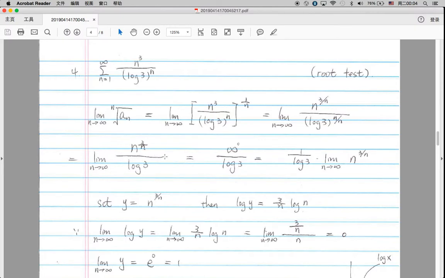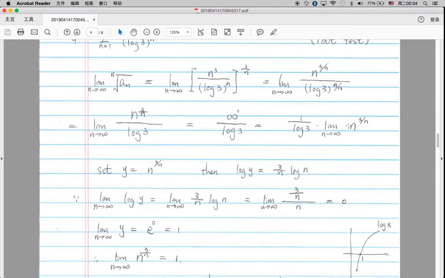If we rewrite this expression, we bring the constant outside the limit, so basically we just take the limit of n to the power of 3 over n.